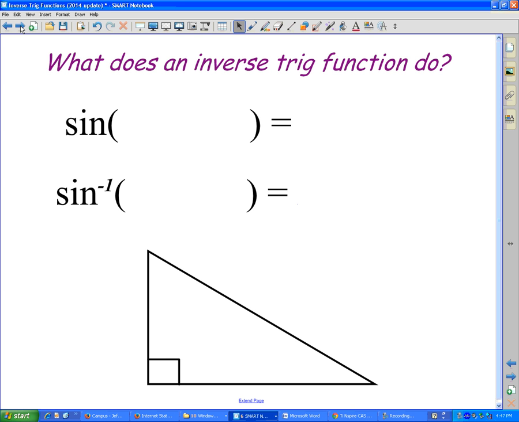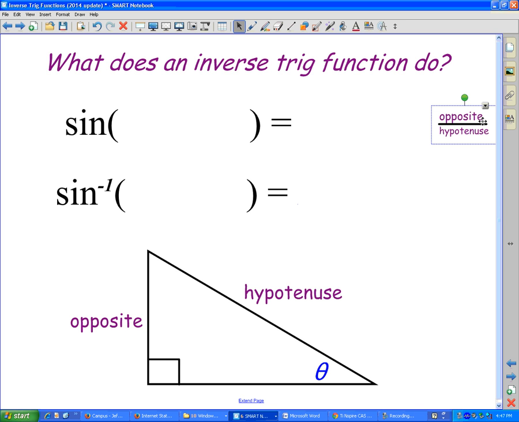We learned that the trig functions relate an angle, for example, theta, to a ratio. Because I have the sine here, and we could technically have used any of the 6 trig functions, specifically the ratio that we're dealing with will involve the opposite leg from angle theta and the hypotenuse. That's our ratio right there, opposite over hypotenuse.